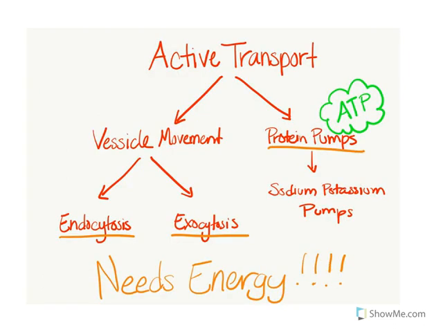As for active transport, this is what we talked about on Friday. Active transport is the one that needs energy, normally in the form of ATP. We have technically three different types of active transport. Endocytosis, where we're taking materials inside the cell.